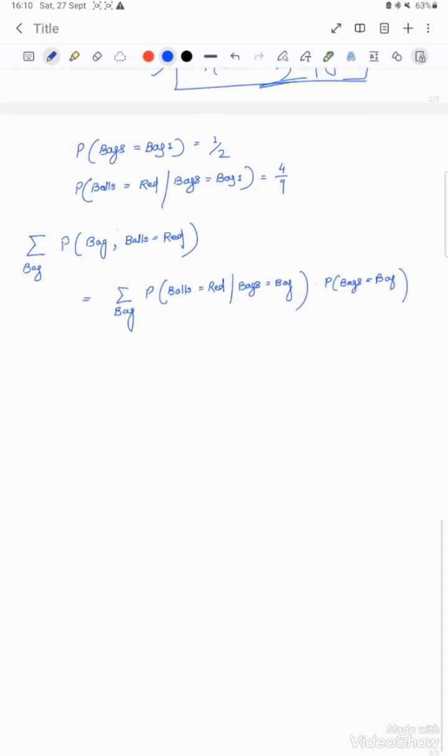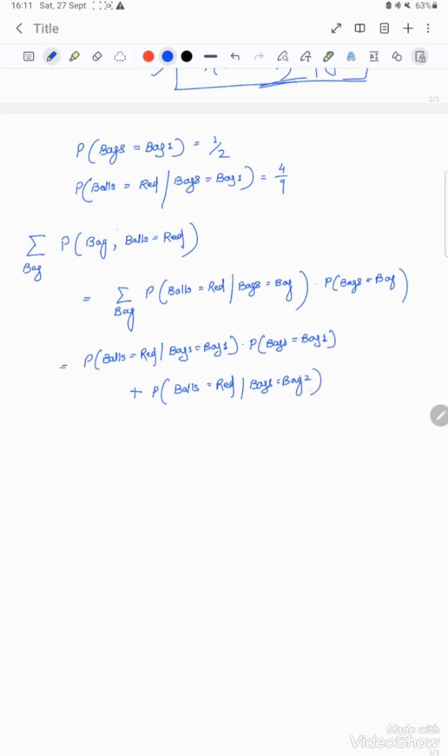If I compute, I get the probability of balls equal to red given bags equal to bag 1, into the probability of bags equal to bag 1, plus the probability of balls equal to red, sticking to the red ball, given bags equal to bag 2, into the probability of bag 2.